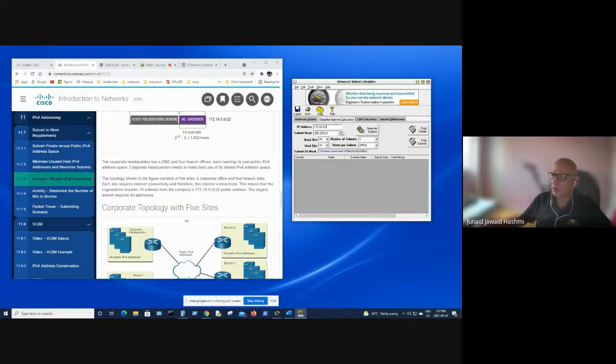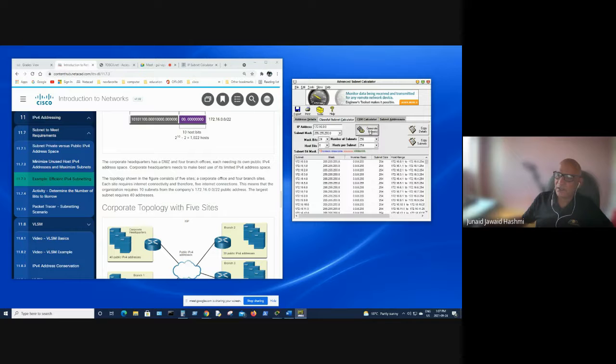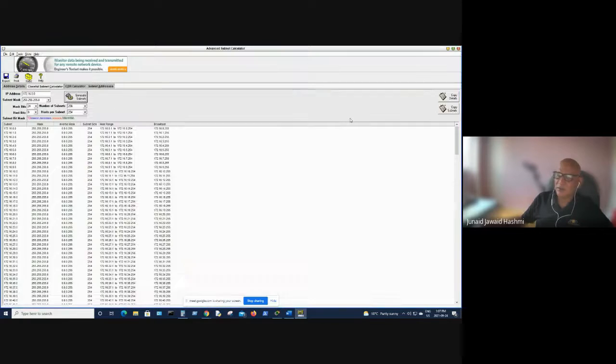And we choose how many subnets we need. Mask bits 24, and so it gives host bits 8, so we have 8 bits left. Number of subnets 256, hosts per subnet 254, and if you click generate, it gives you the list of all the subnets.